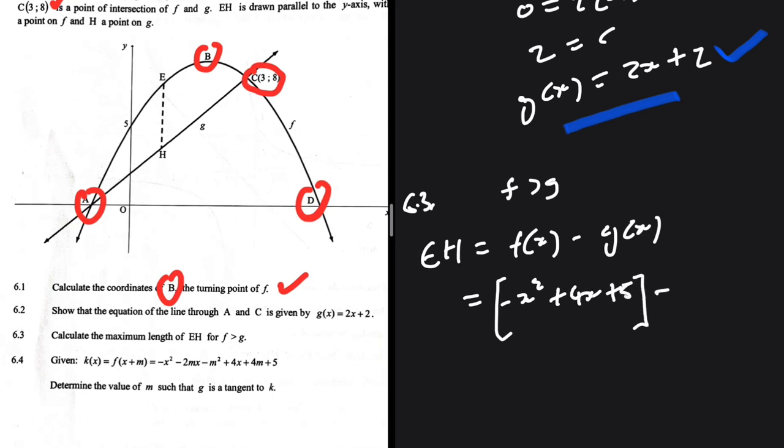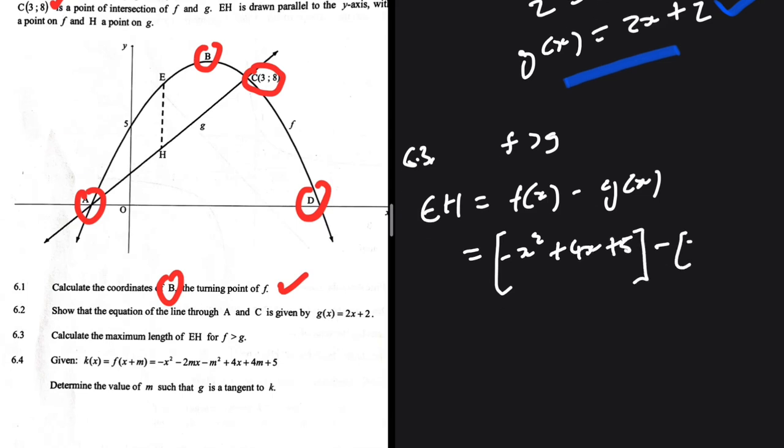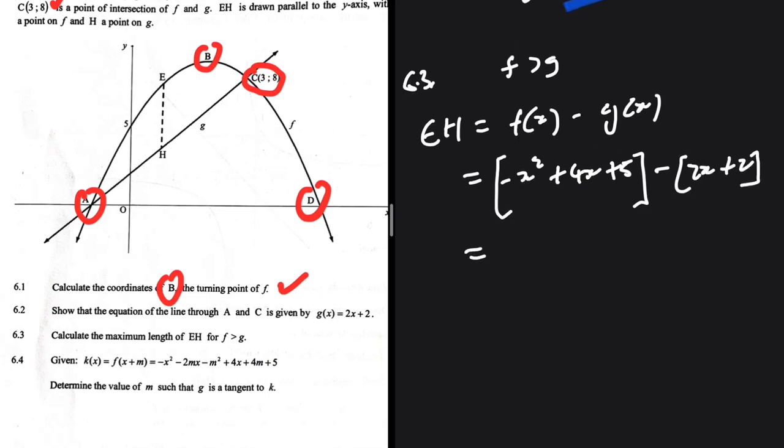And then we subtract g of x, which is 2x plus 2, okay? And then EH is going to be equal to minus x squared, it does not have a like term, and then plus 4x minus 2x, that is plus 2x, plus 5 minus 2, that is plus 3. So this is EH.